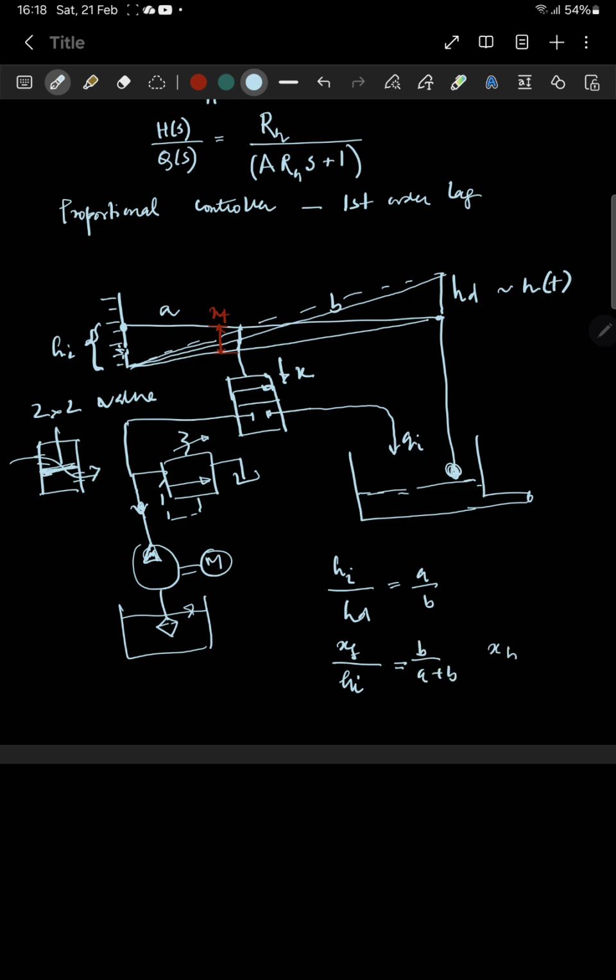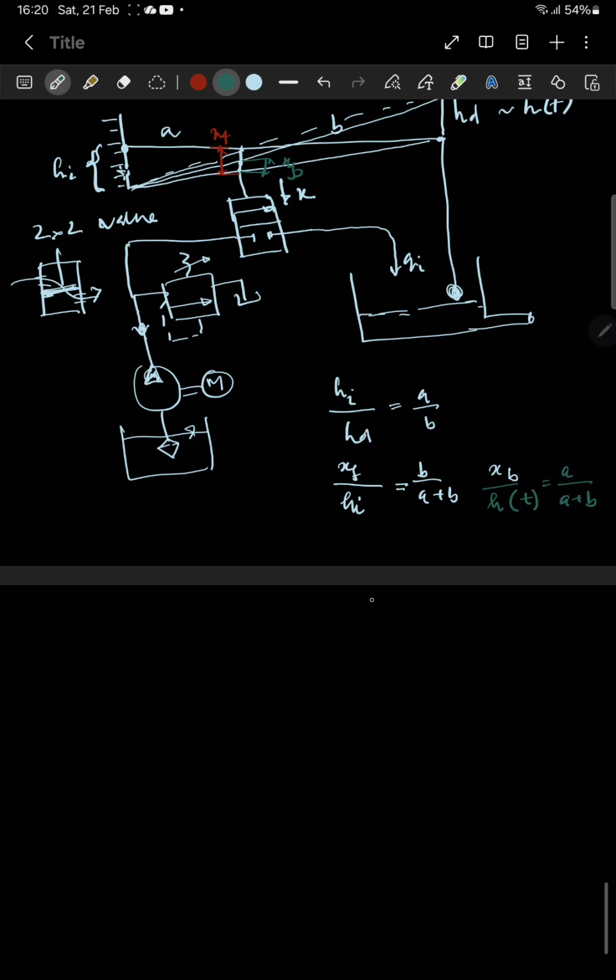Also xb, so we can write xb by h is a by a plus b.